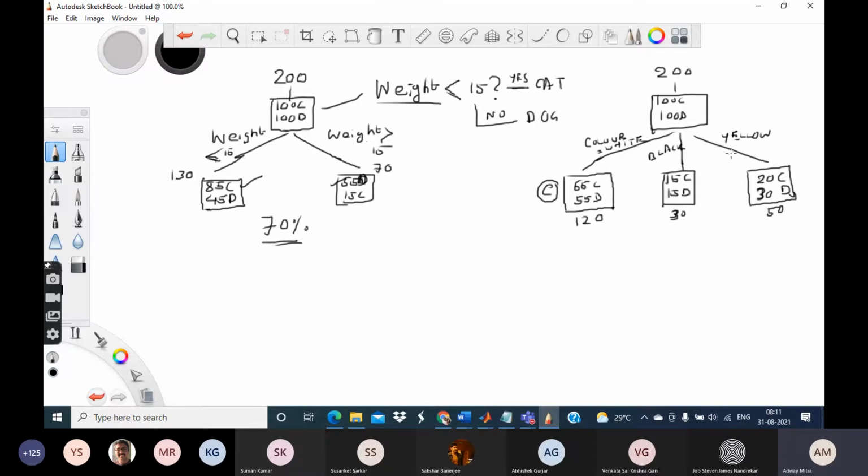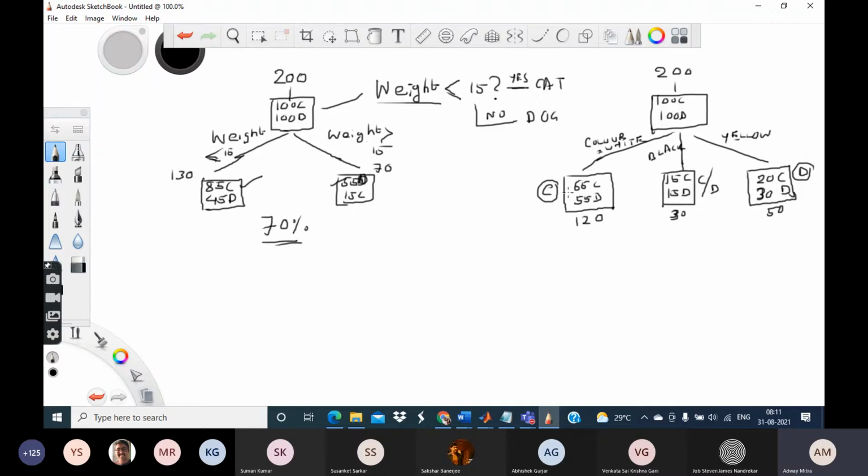If the color is yellow, I will classify it as dog. And if the color is black, I will just flip a coin and classify it as either cat or dog. That is, for every example, I will do a coin toss and classify it as a cat or a dog.